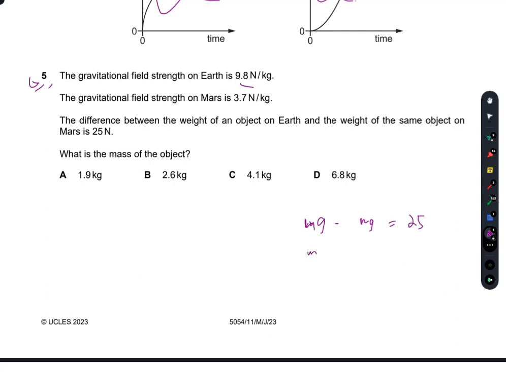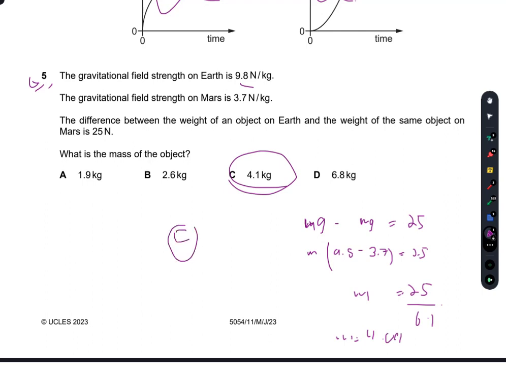It is a single object, so the g for Earth here is 9.8, and for Mars it is 3.7. I subtract 3.7 from 9.8, so that is 6.1, and 25 divided by 6.1 is equal to the mass. So mass would be 4.09 kg, approximately equal to 4.1 kg. So C is the right option.